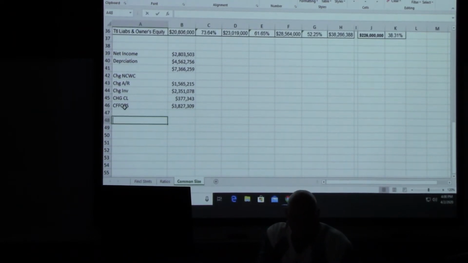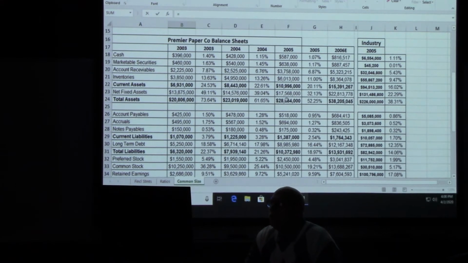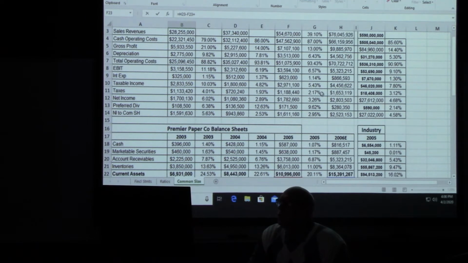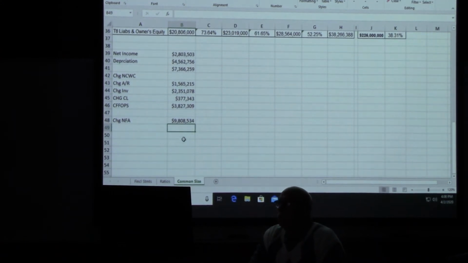Now let's look at the change in net fixed assets. And that is equal to that minus this plus depreciation. Boom. Yikes. Okay.